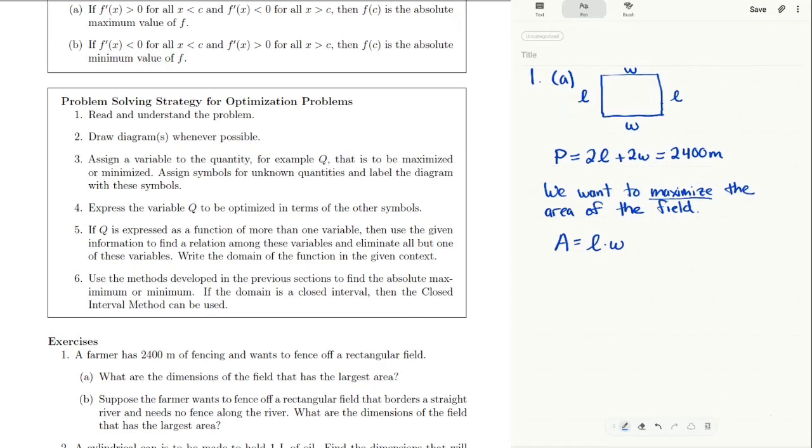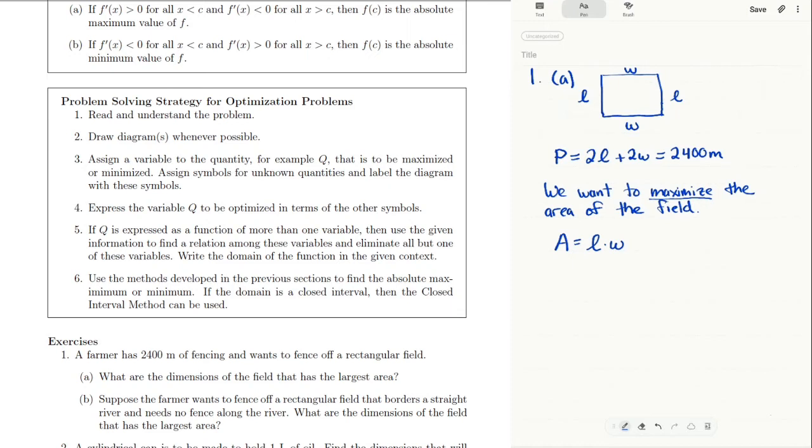So now if we look at this function, we have two variables. What we need to do is eliminate all but one of these variables. And it doesn't matter which variable we eliminate. So the way that we can eliminate one of the variables is by using our constraint.